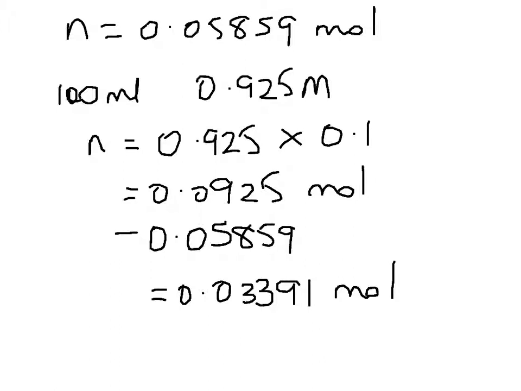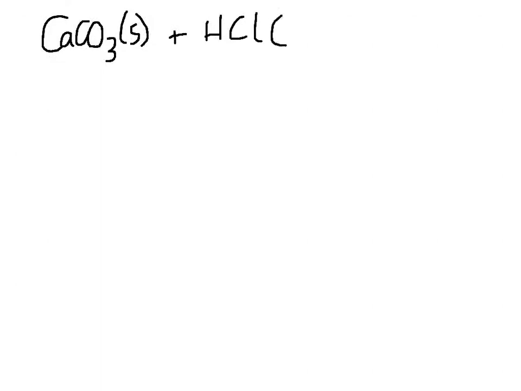Let's start a new page. Okay, let's look at the original reaction now. We have our calcium carbonate plus hydrochloric acid, and it's exactly the same sort of acid-base reaction we have, except we've got calcium carbonate now instead of sodium carbonate.